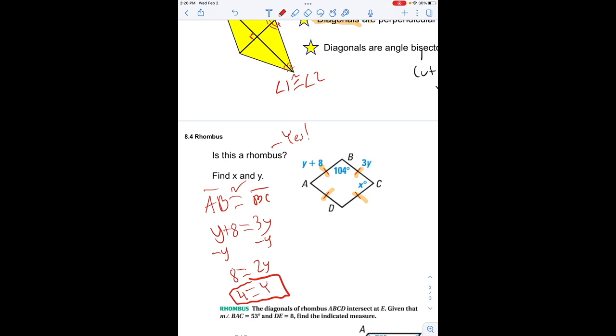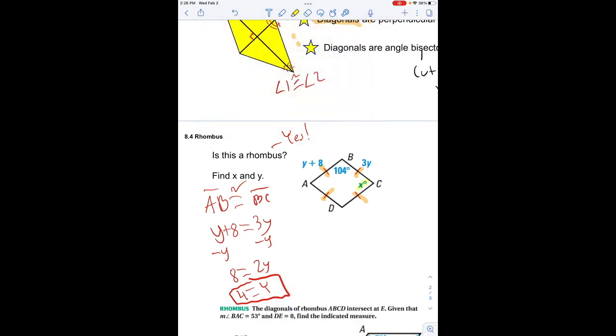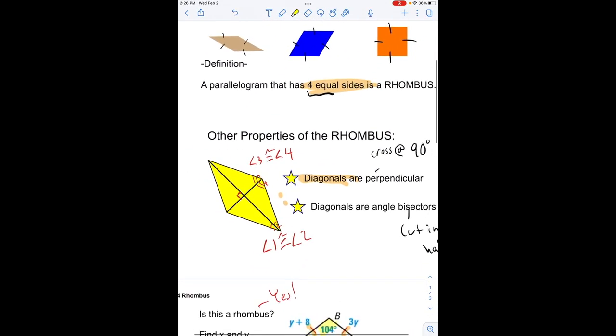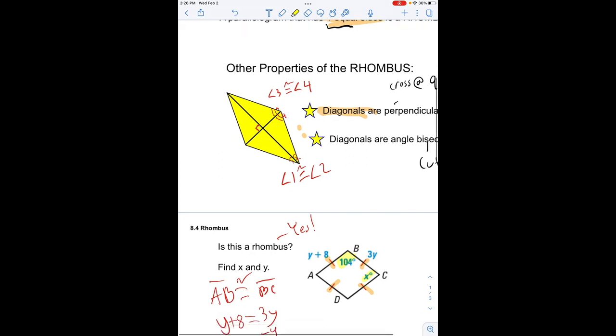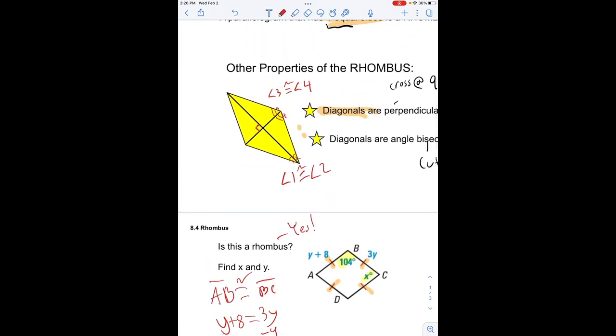Now if I look at this, I don't necessarily know if I'm just looking at my angles, because x is in an angle. I see x right here, but I do know something else over here. In a rhombus, these 2 angles that are across from each other are going to be the same as well.